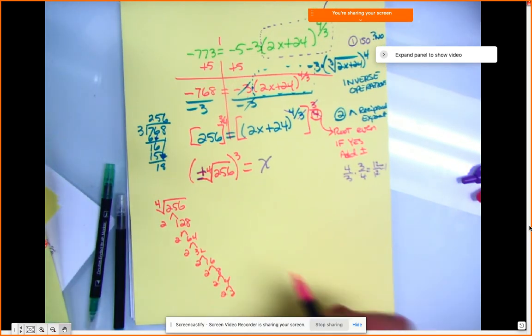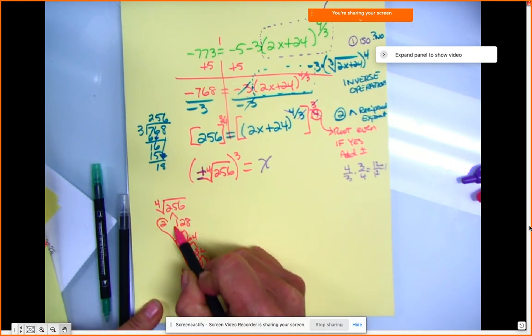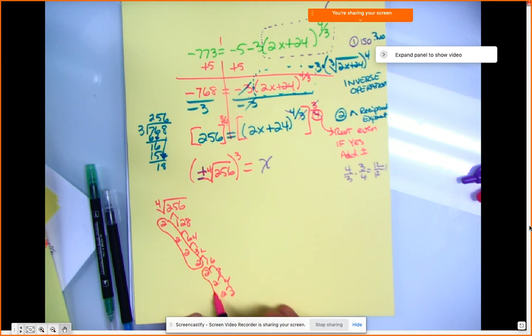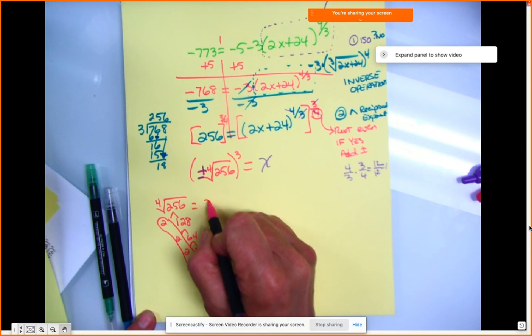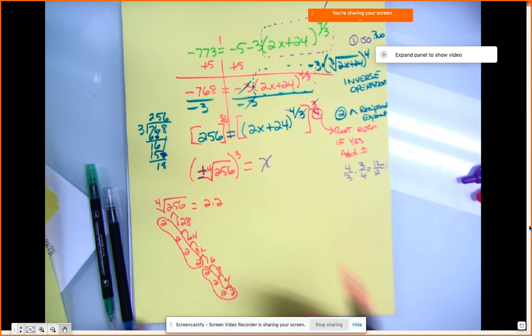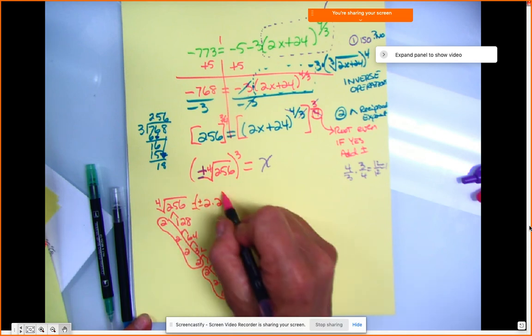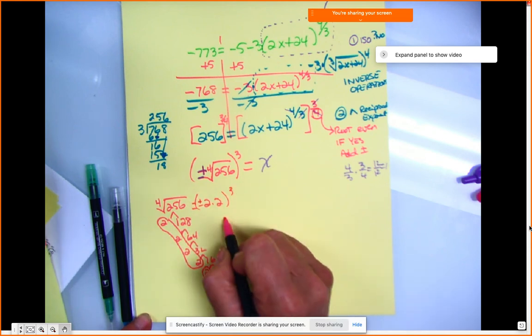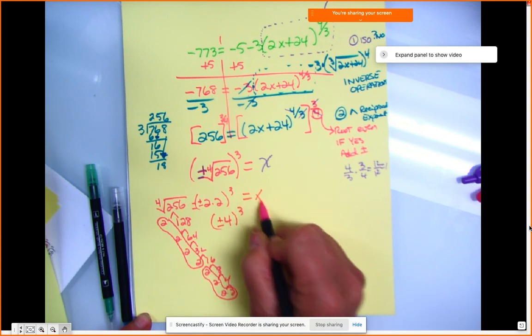I'm pretty smart that way. I need sets of 4. I can't divide by much more than a 2. Sometimes a 3. 5, though, I'm pretty good with. I have 2 sets of 2, so this is going to pull out a 2 and another 2. Come on out, make the 2 family. But remember, it's plus or minus. So I've got 4 plus or minus 4 cubed is equal to x.